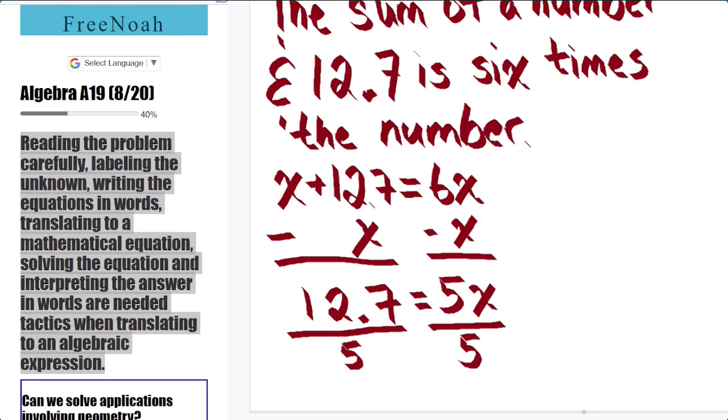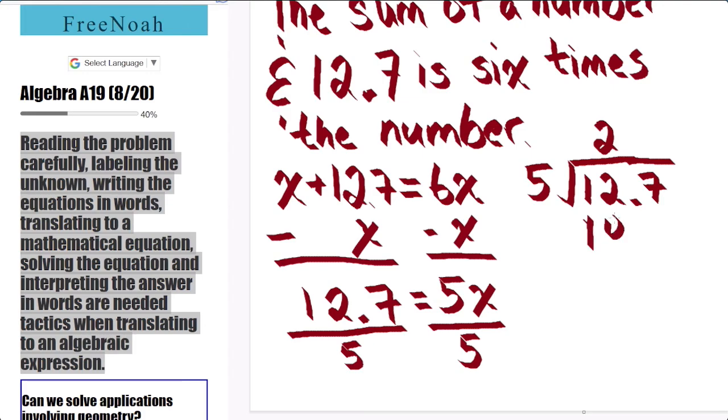Okay, now let's divide 12 and 7 tenths and 5 in our long division bar. So 5 is the divisor, and dividend here is 12 and 7 tenths. How many times does 5 go into 12? Twice. Alright, 2 times 5 is 10. 12 minus 10 is 2.